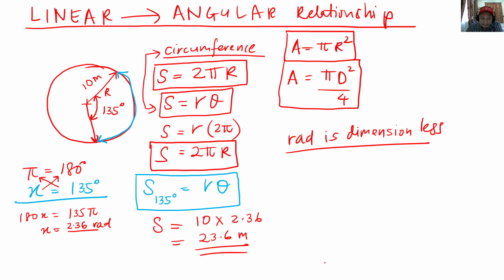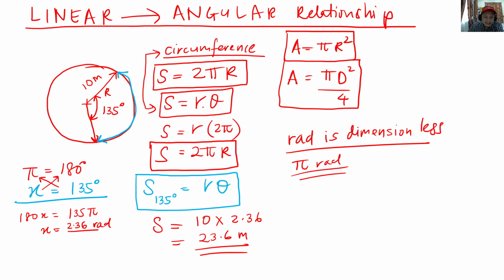Radian is actually dimensionless. How do you get radian? Where does radian come from? Radian comes from ratio. Radian comes from pi. Where does pi come from? The ratio of radius to circumference.